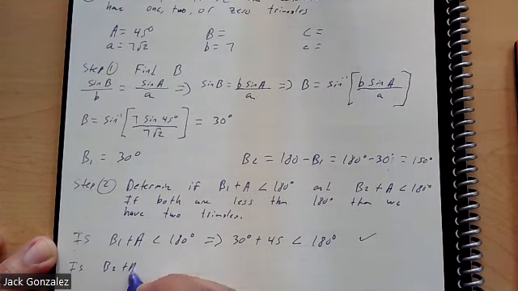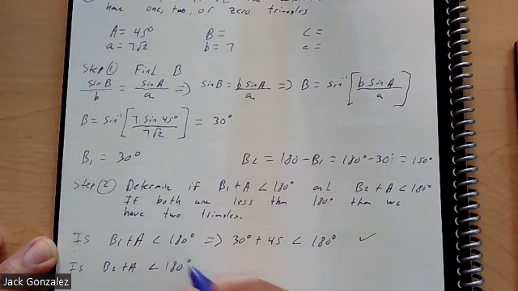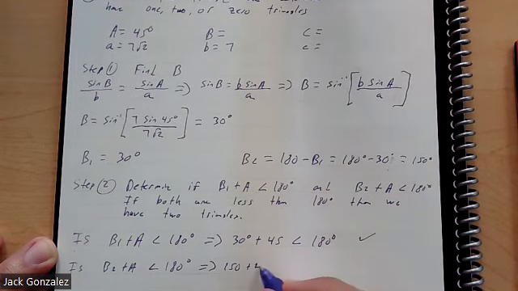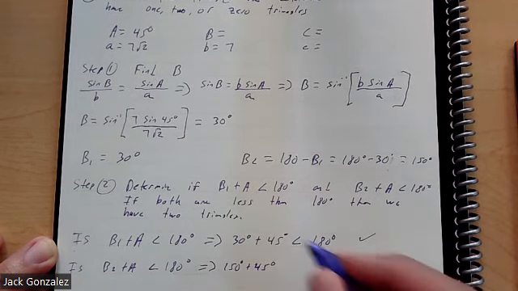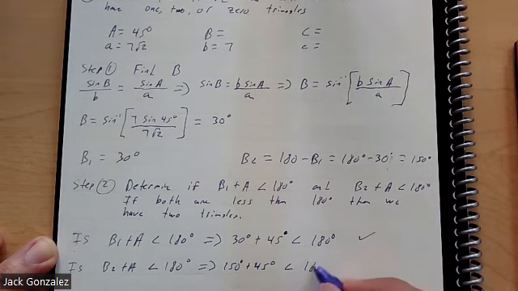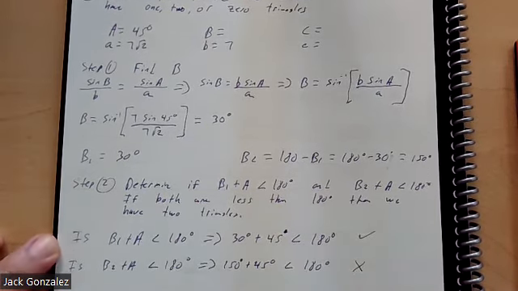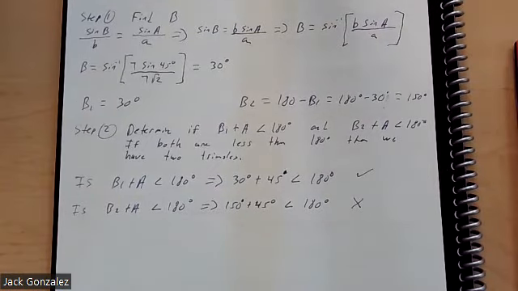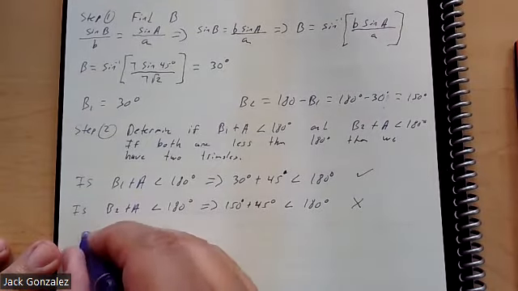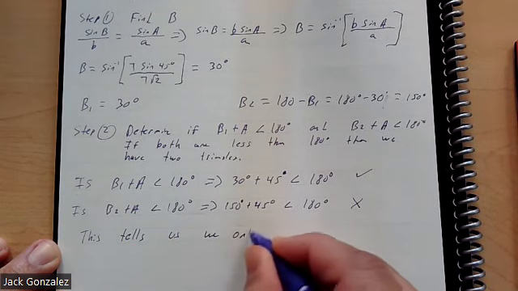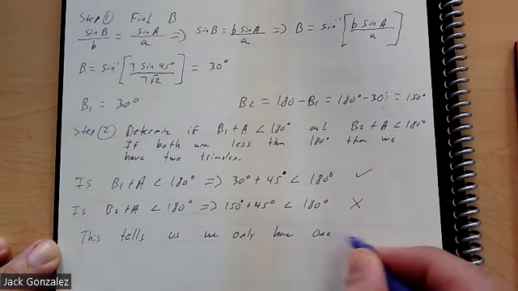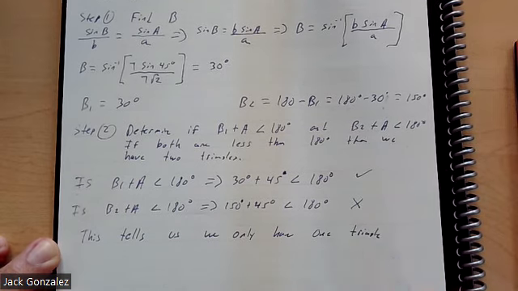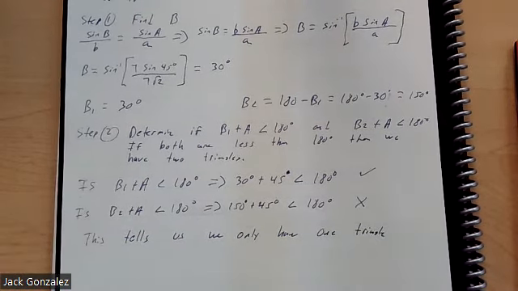Is B2 plus A less than 180? Well, that would be 150 plus 45. No, right? So this tells us we only have one triangle. So we don't have to worry about it. Now all we need to do is find the other sides.